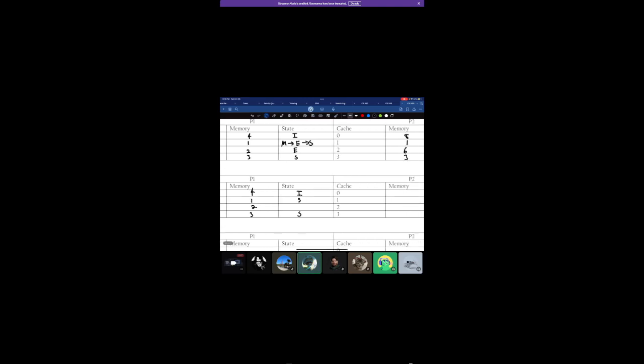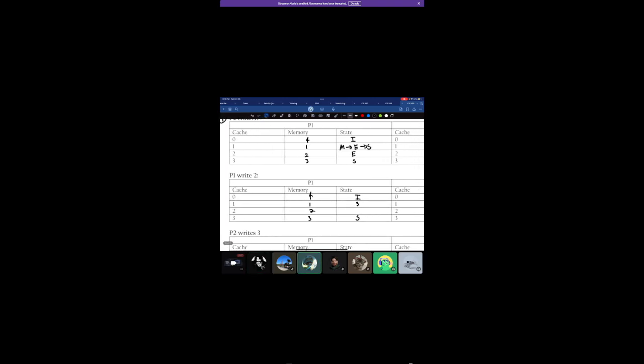Then P1 writes address 2, meaning we're going to change what's in address 2. Okay. We're only working with address 2 here, so we can just re-put what we had here. Valid, shared. This one doesn't have address 2, so we're just going to re-put what we had before. Okay.